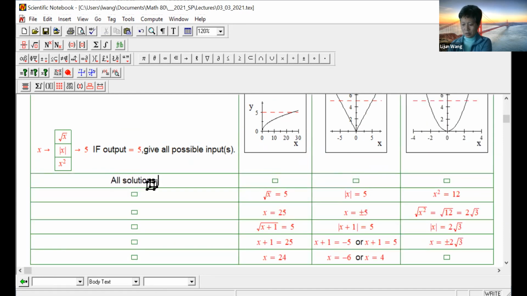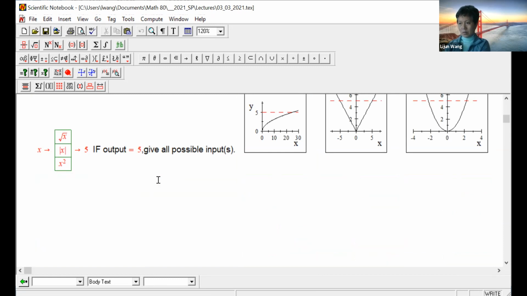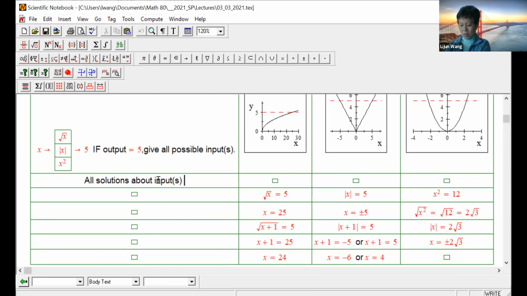about input must be in the domain. I'm sorry about the blinking.